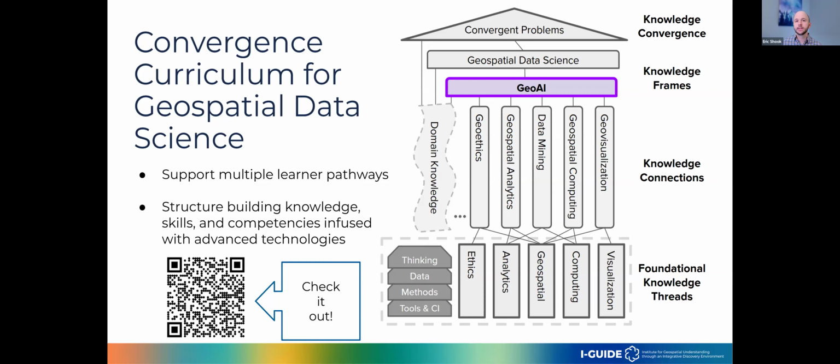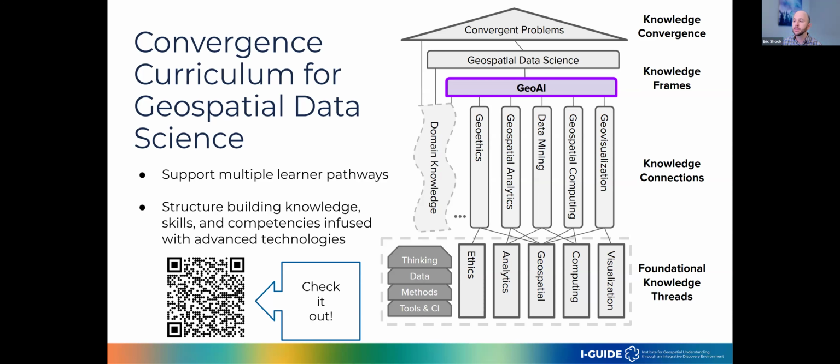So we designed a modular and flexible curriculum system and model so that different individuals coming from different backgrounds could mix and match and fill educational and training gaps where they would have them.